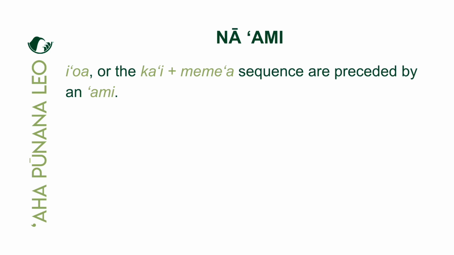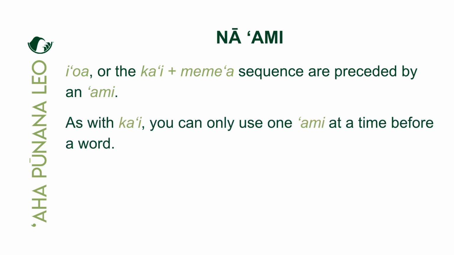Now, ʻami. Okay, so what is the function of ʻami? Well, ʻami are what precede an ʻoa or a kaʻimemea sequence. Just like kaʻi, ʻami can only be used one at a time.